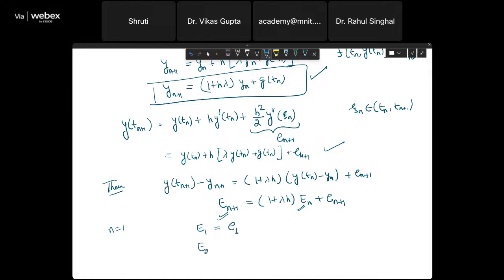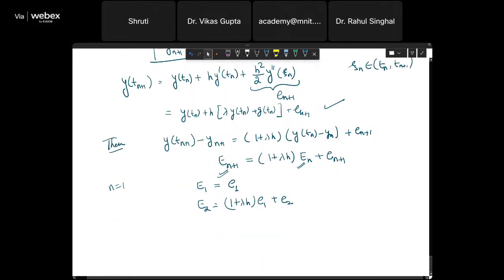Okay, then E2 at the next step, the global truncation error will be (1 plus lambda h) e1, capital E1, which we just obtained as small e1. So let's substitute it, and next will be E2. So this will be the global truncation error at second step.